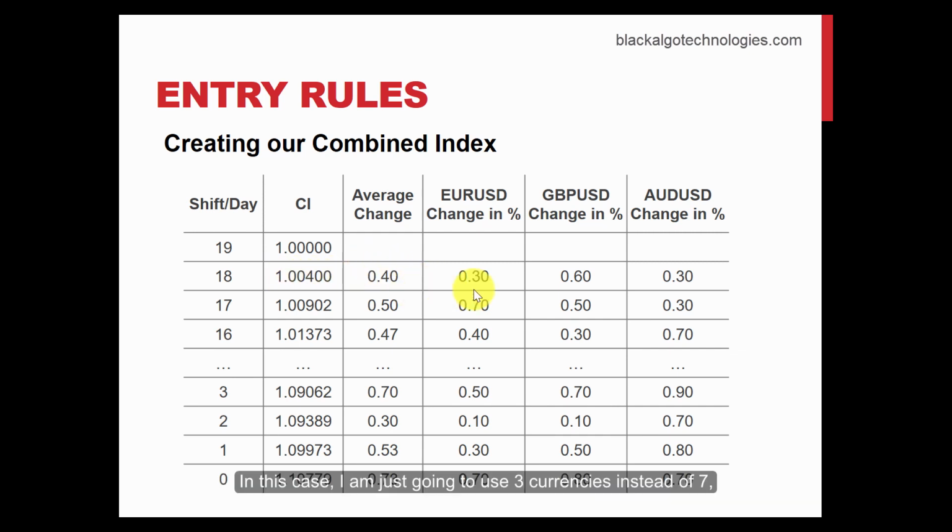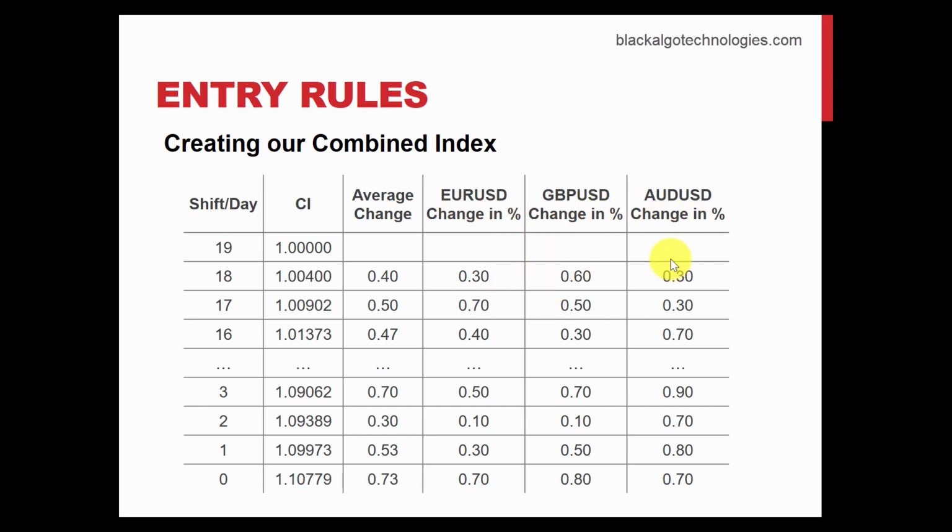In this case, I'm just going to use 3 currencies instead of 7 because I can't fit all 7 currencies in this slide. So these 3 currencies: Euro, Pound, Aussie. The changes in these prices are 0.3%, 0.6% and 0.3%. The average change is 0.4%. Therefore, the CI on shift 18 is 1.004. Alright, 1 times 0.4%.